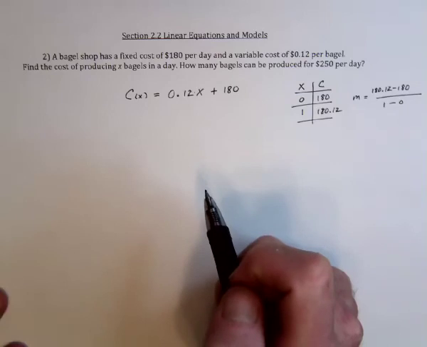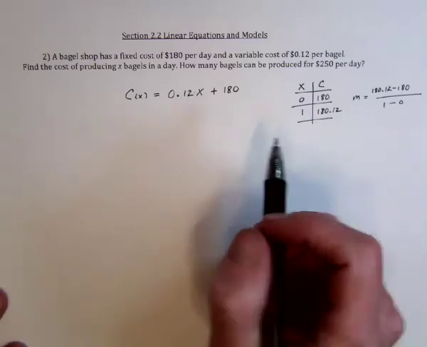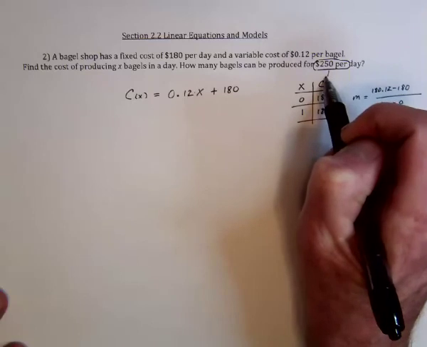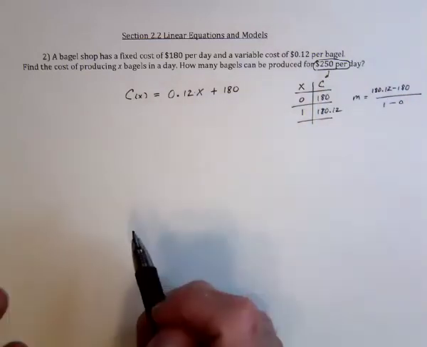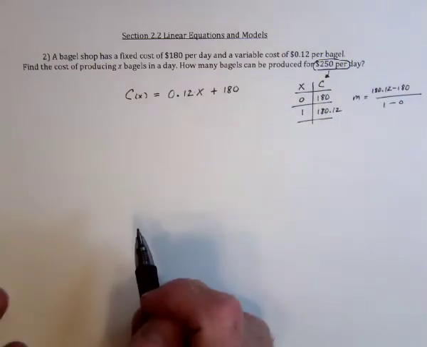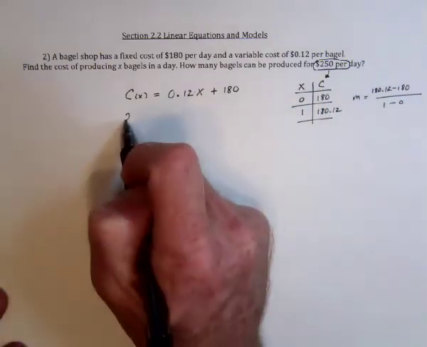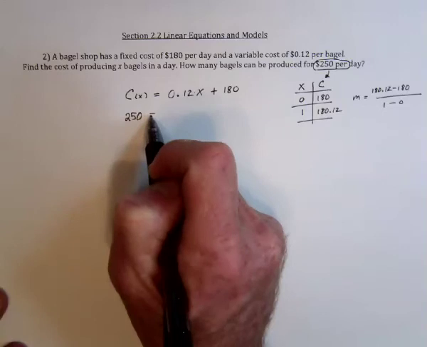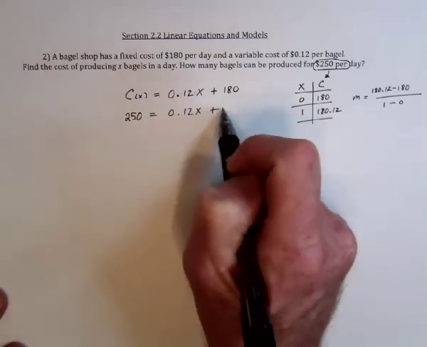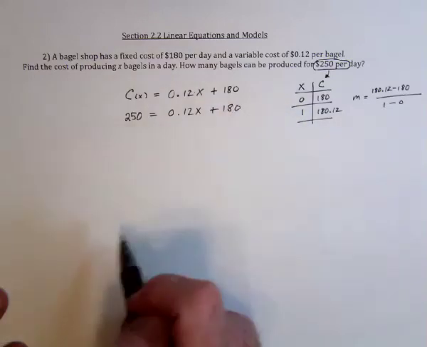Okay, now we need to answer the second question, which is how many bagels can be produced for $250? Well, this is a cost, and so we're really being told, what if the C was equal to 250? So substitute 250 over here, and then do a couple of steps of algebra to solve for x.